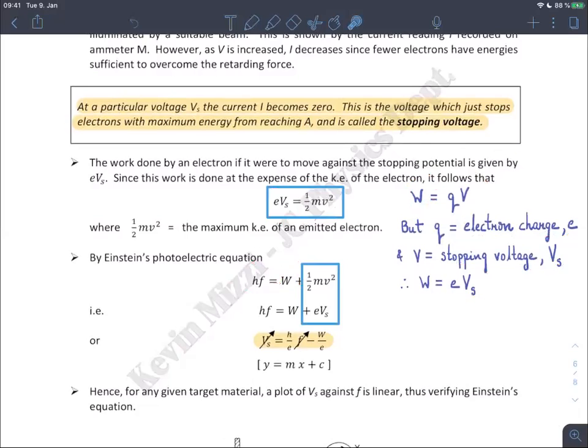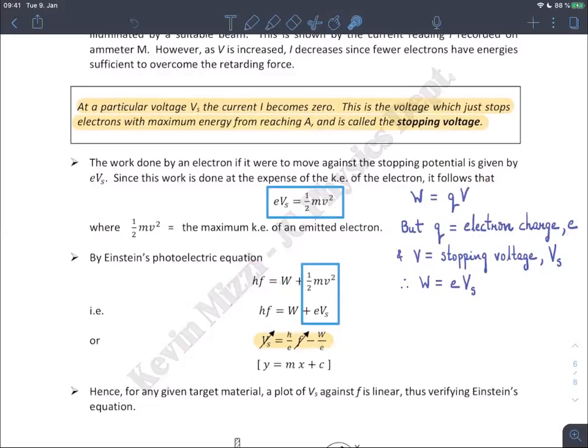So as we said, we can substitute eVs instead of half mv squared, and by rearranging such that Vs is subject of the formula, we get this equation here highlighted in yellow.